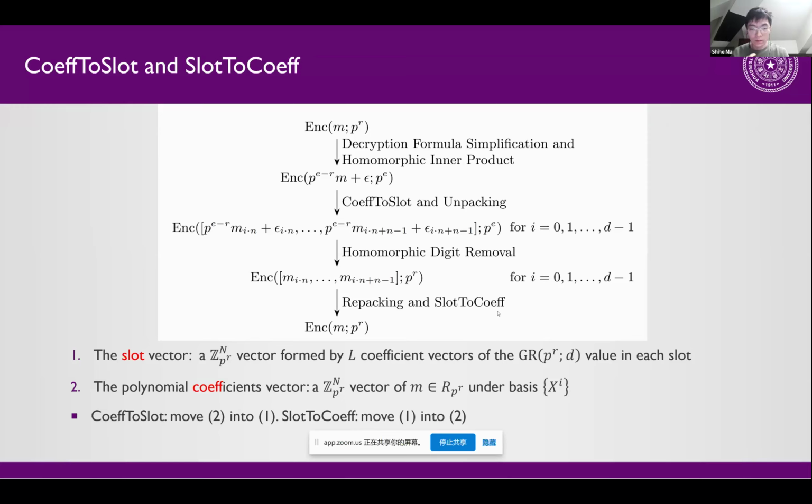We also view it as the Z_{p^r}^N vector of the plaintext polynomial under the basis of the powers of x. We have two linear transformations during bootstrapping. The first one is called CoeffToSlot. It moves the values of the coefficient vector into the slot vector. And SlotToCoeff will move the values in the inverse direction.